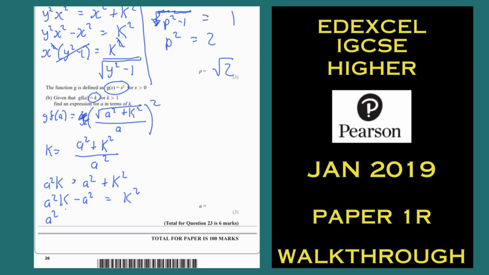Take the a squared out. Create myself a bit of room. Divide both sides by k minus 1. Nearly there, because we want a equals, so we root both sides. So we root the top and we root the bottom.